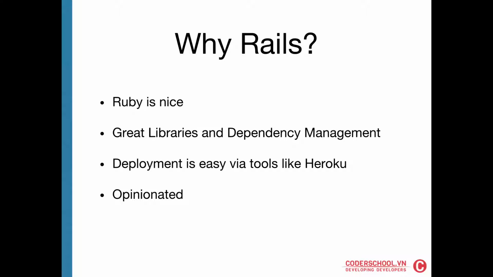The Gemfile is where you declare what libraries you need to use, and each of those is called a gem. Make sense? Then when you run bundle install, the Gemfile gives you a Gemfile.lock. It tells you exactly what version each library depends on, and then you commit.